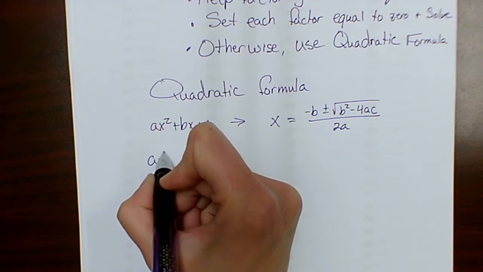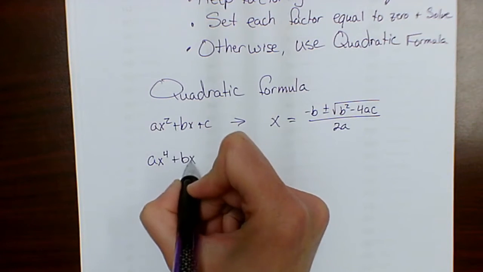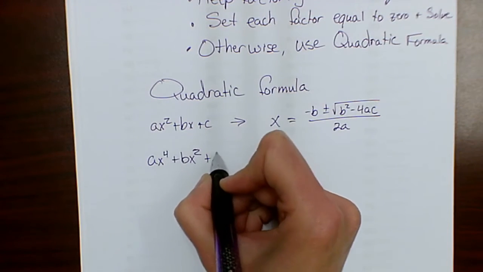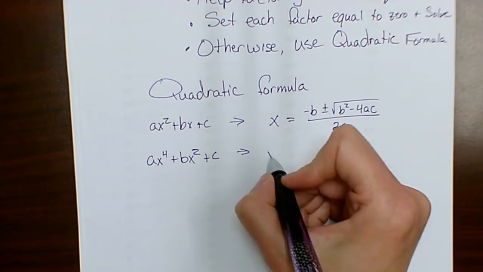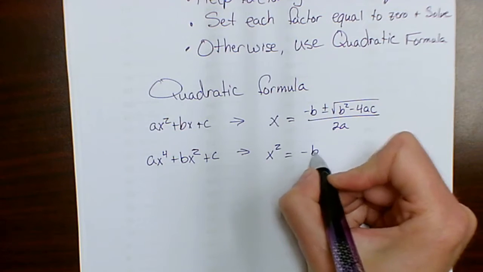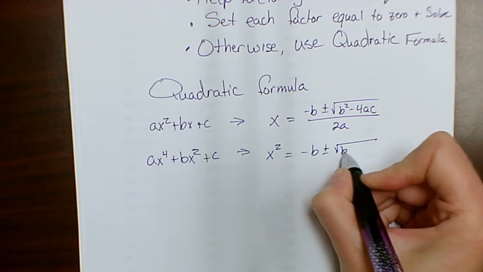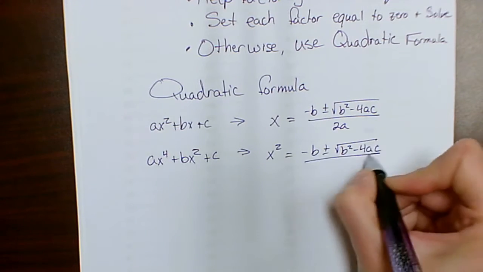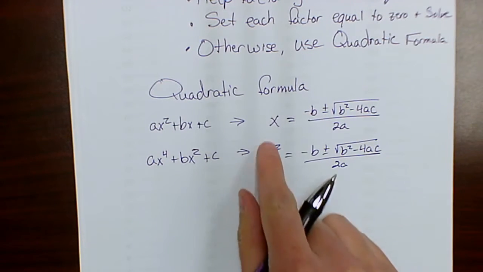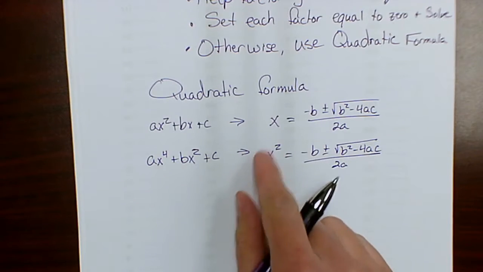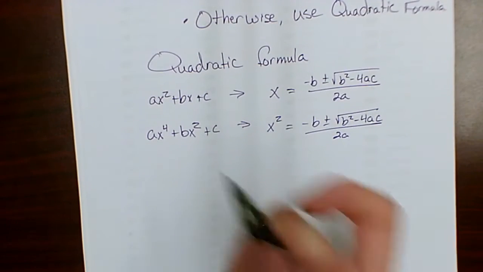If we bump the exponents up, then the quadratic formula for this would be x squared equals negative b plus or minus the square root of b squared minus 4ac all over 2a. And when we figure that, then we will square root both sides to get our value for x.